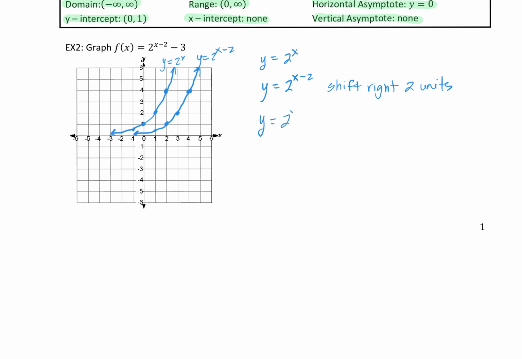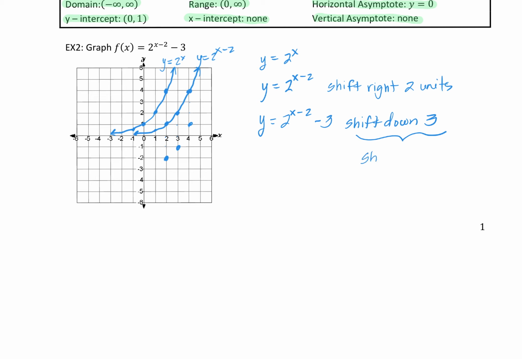And now if I look at that minus 3, the exponential function already did its job. So that minus 3 is going to affect the y value. It's going to shift down 3 units. And I'll just write shift down 3. So let's go ahead and move all of these 3 key points down 3. However, think about the shift down. That means we're also moving our horizontal asymptote.